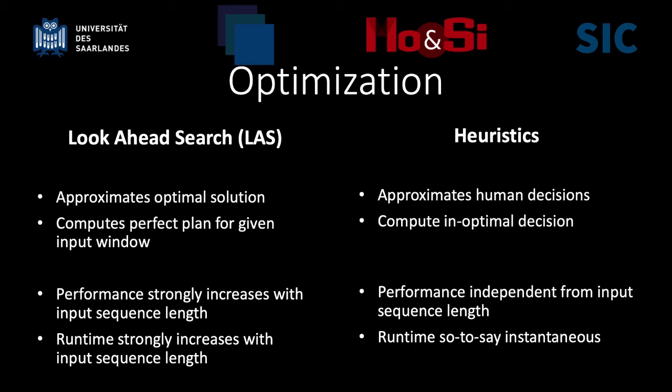That is guaranteed to be optimal. Then, only the first action is applied and the empty spot in the input sequence is filled with a random new car. We can then use the new information to again compute a perfect plan while still only executing the first action. This algorithm's performance and runtime both strongly increase with the size of the input sequence.